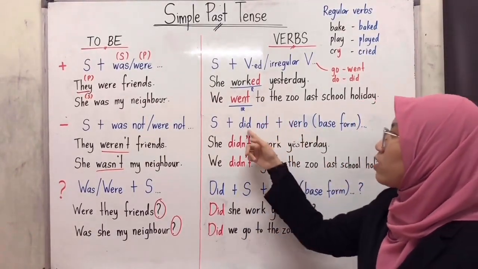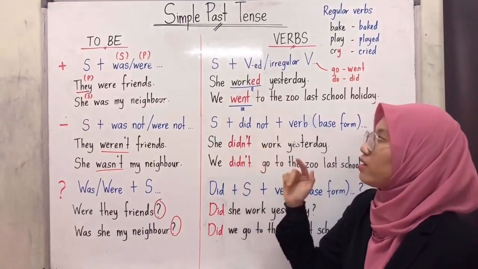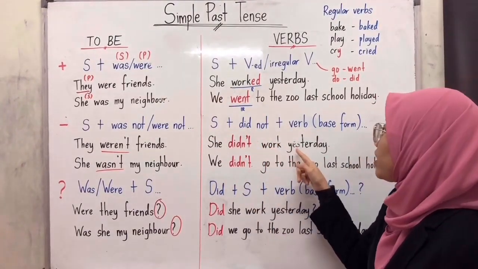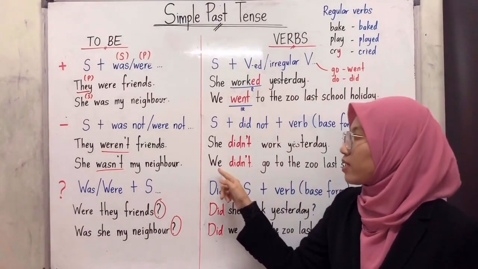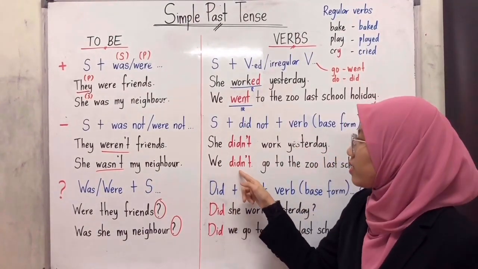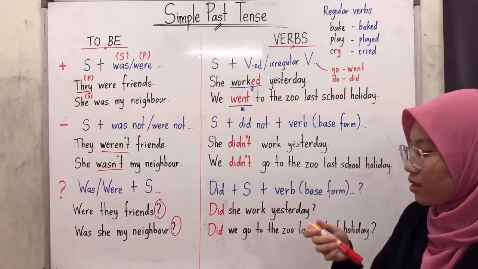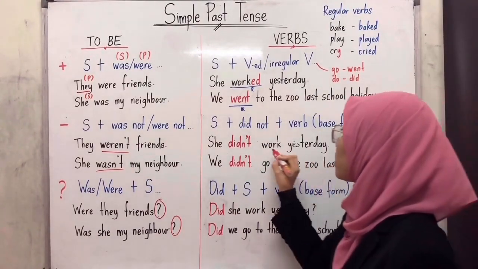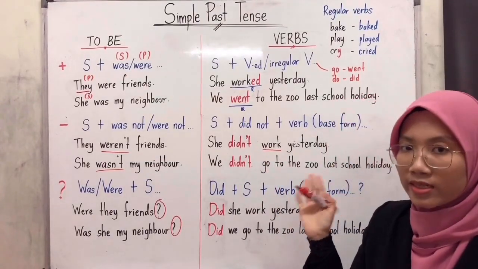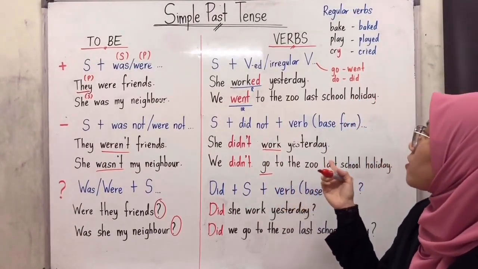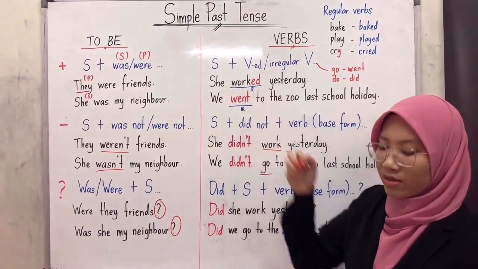Did not can be shortened as didn't. So, she didn't work yesterday. Second, we didn't go to the zoo last school holiday. Remember, work is in its base form, while go is the base form of went.